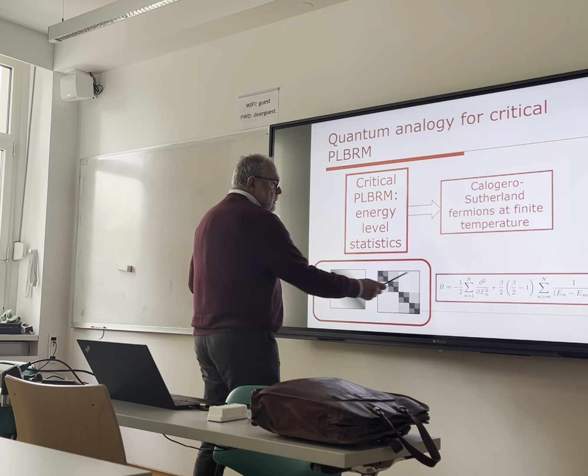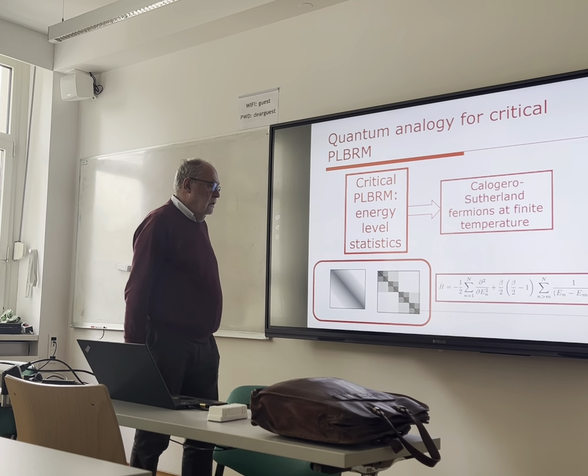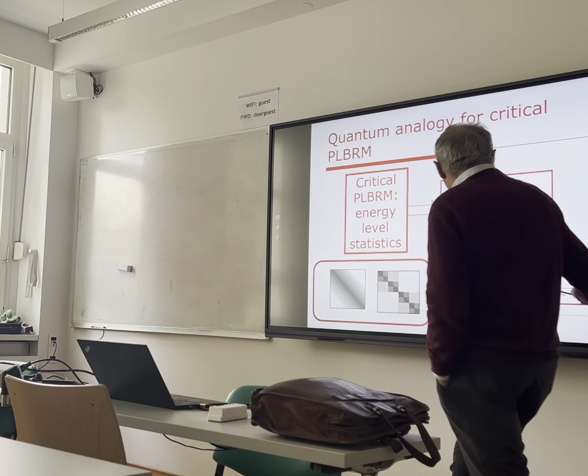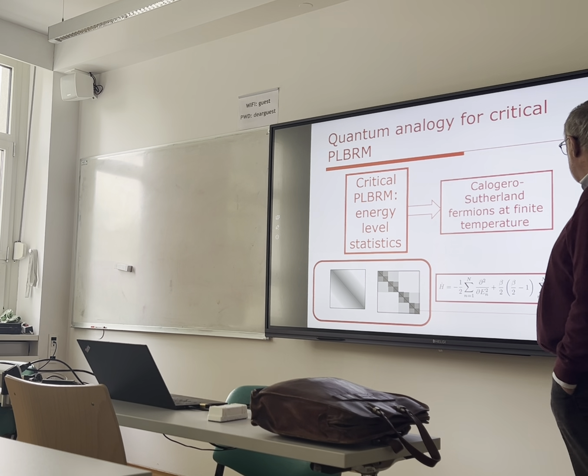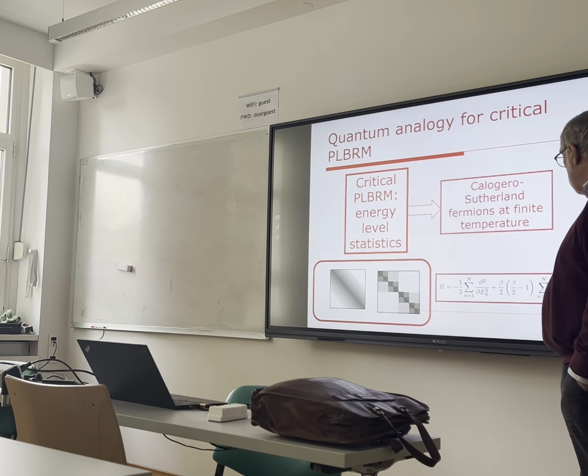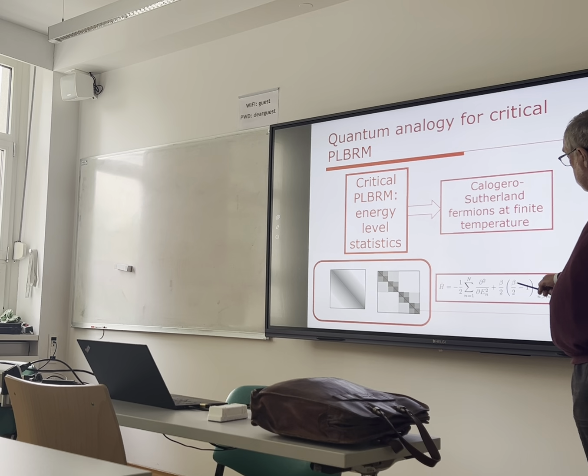This is the Calogero-Sutherland model. It is quite a weird model, because there is a singularity: an inverse square interaction between the bosons, the fermions, and there is an interaction constant which becomes 0 when beta is equal to 2, in the unitary ensemble.